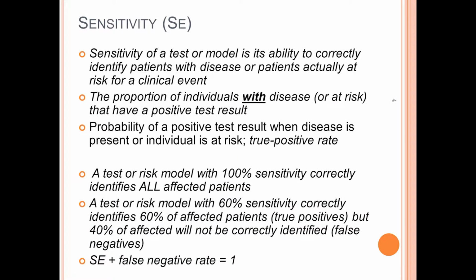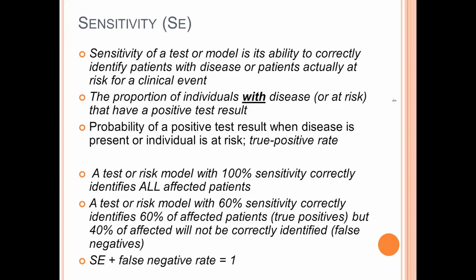Okay. Because we classify or identify people as having a disease or having a risk, or not having that disease or risk, we consider 2 classification indices of test or model performance to estimate how well classification occurs. The first of these measures is sensitivity.